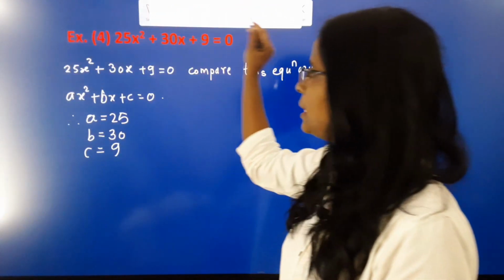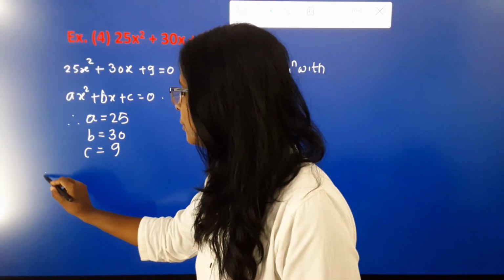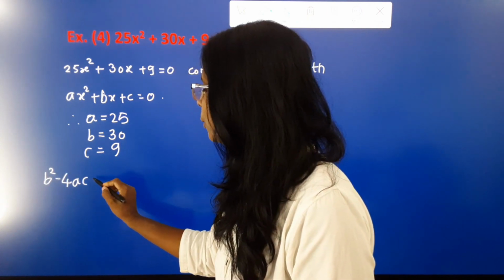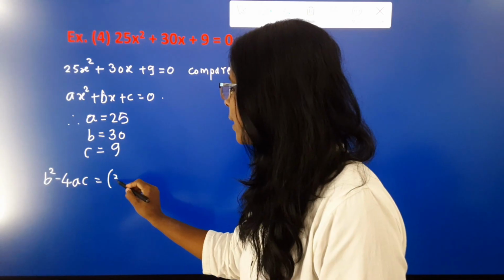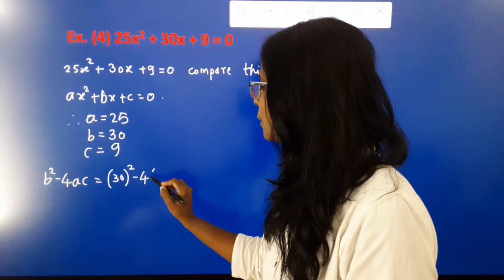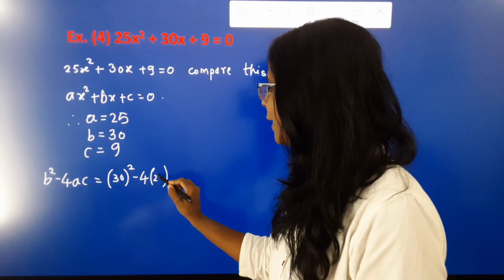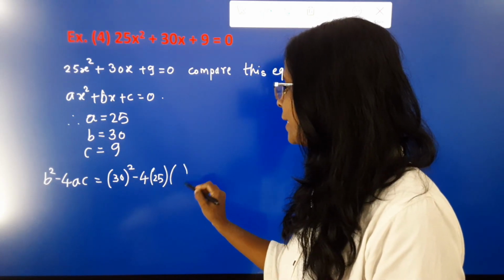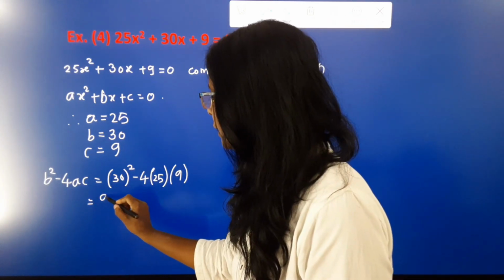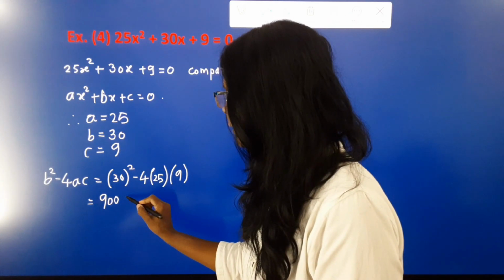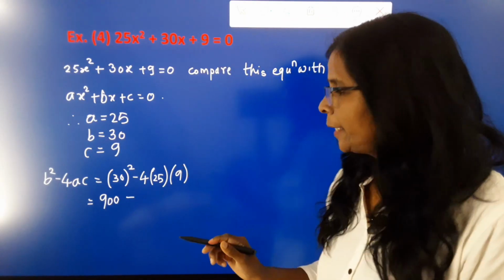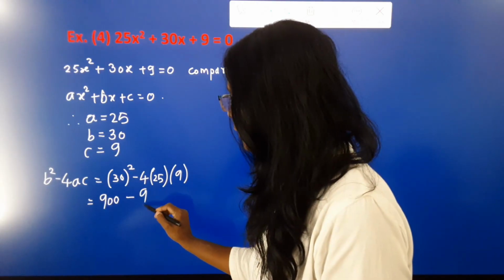The next step is to find out the value of b square minus 4ac. So here square of 30 minus 4 multiplied by a multiplied by c. Square of 30 means 900, minus 25 fours are 100 and here 900.